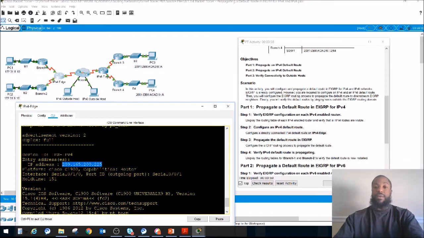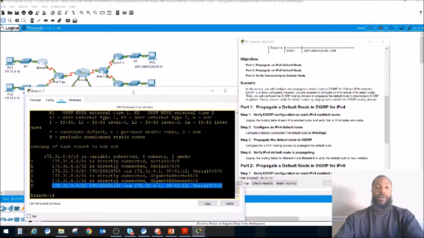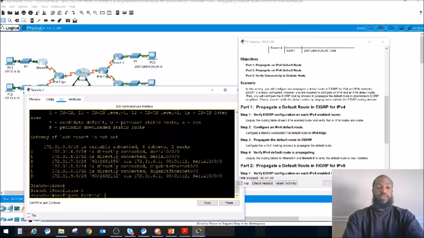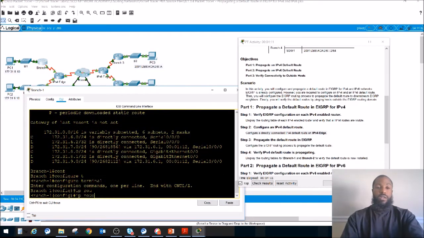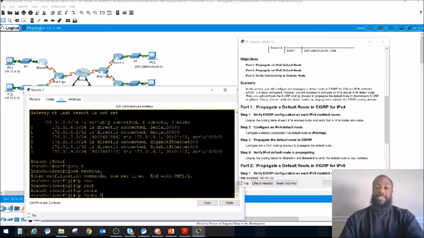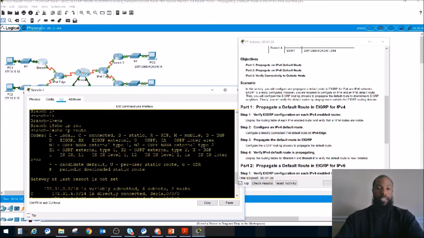We need to create a static route to get to that. Let's do that. Remember how to create the default route? Go to config mode, ip route, quad 0, 0.0.0.0, and then 209, what he said it was.